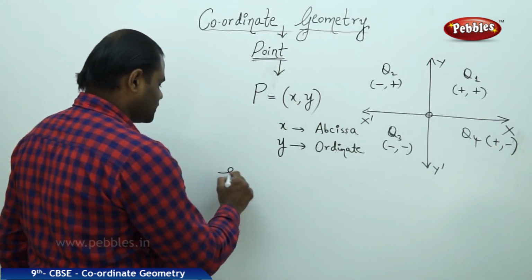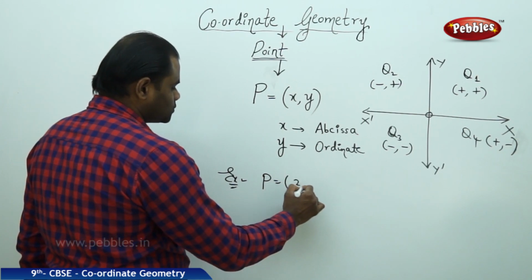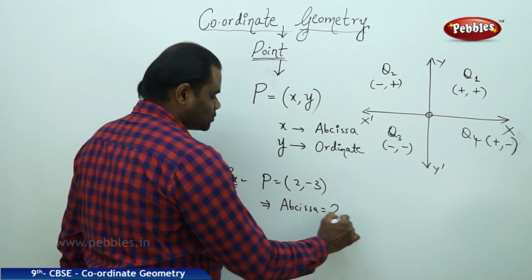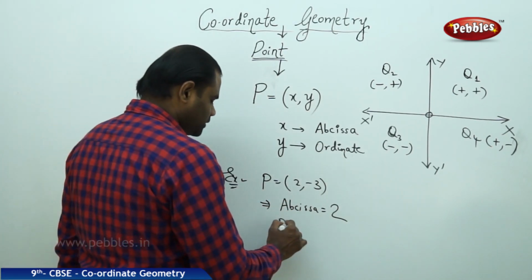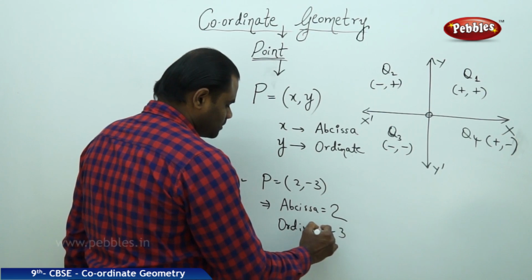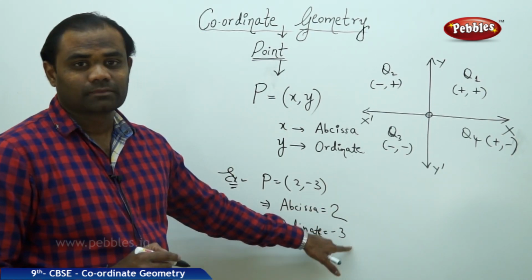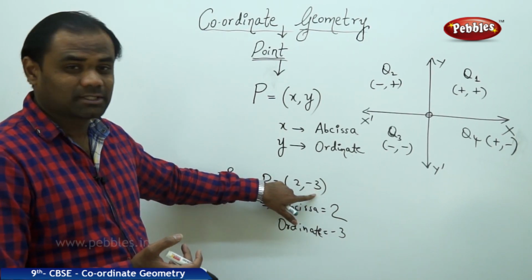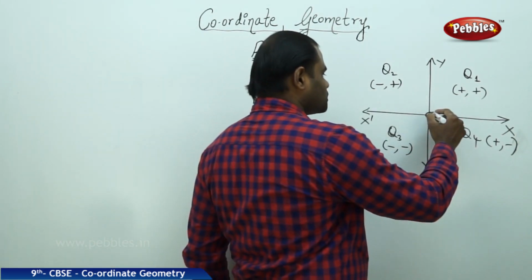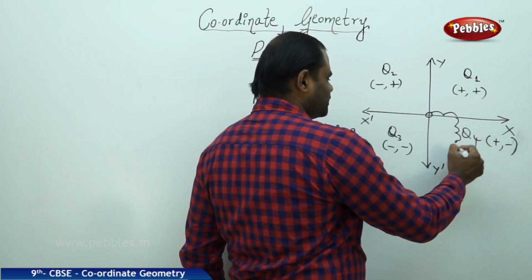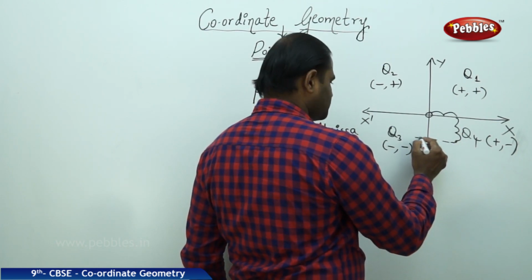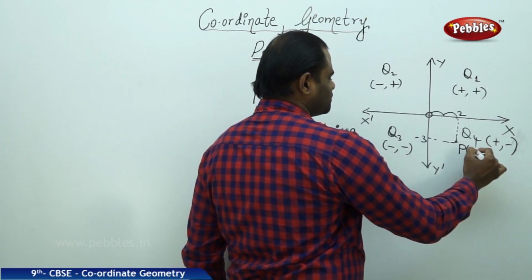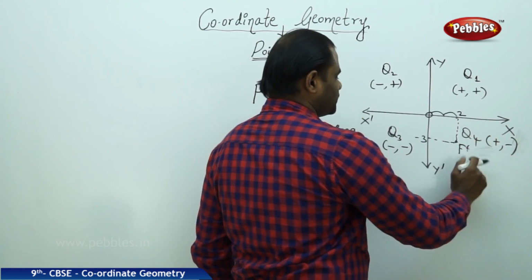So for example, if I take the point P as (2, -3), my abscissa is 2, that is my x coordinate is 2, and my ordinate is -3, that is my y coordinate is -3. Locating the point, it moves 2 units to the right and 3 units down, and here is the point (2, -3).